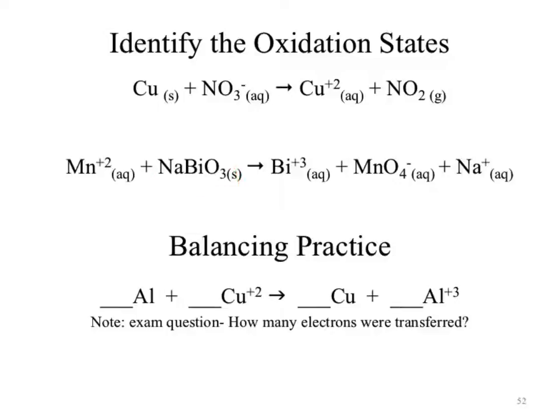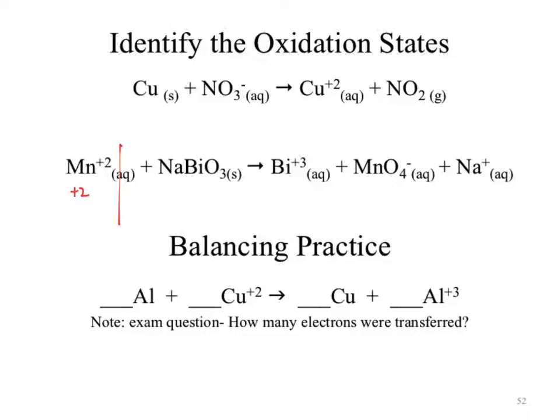Our oxidation states, let's solve them all out. What is the oxidation state for Mn? What is Mn? Manganese, good. What is the oxidation state for manganese in that question? It's plus 2. Why is that nice and easy? It's the same as the charge, so that's nice.